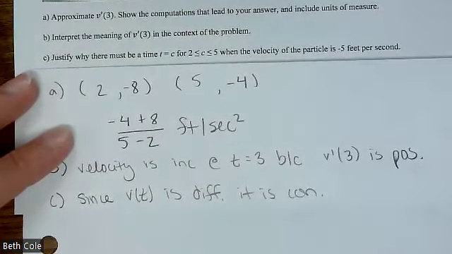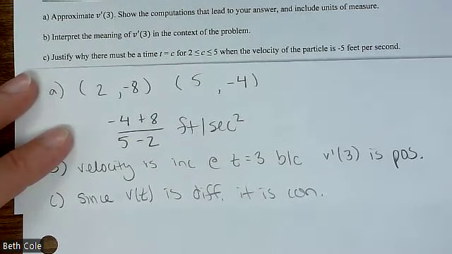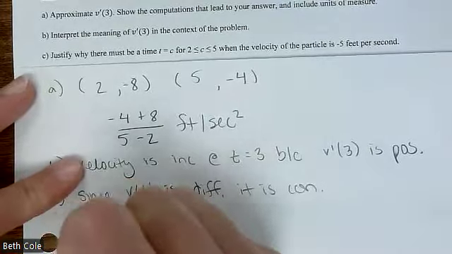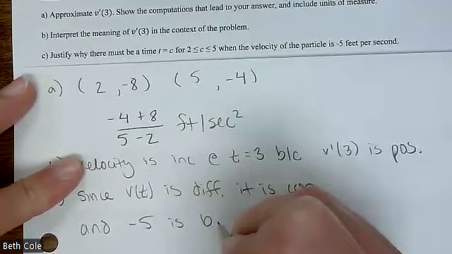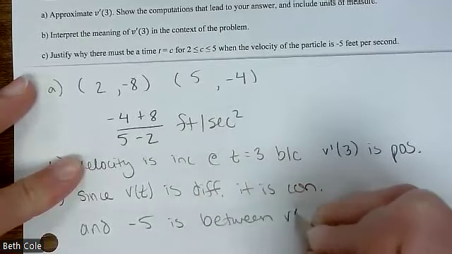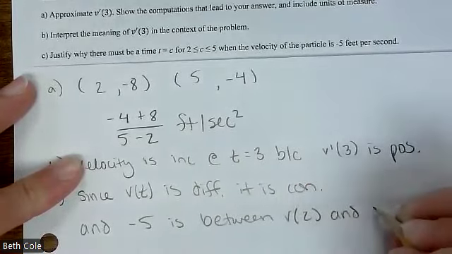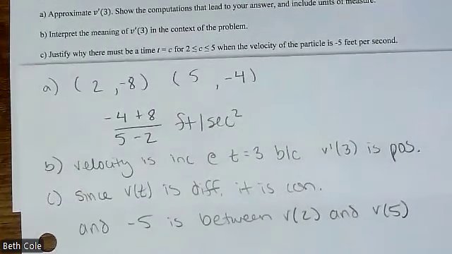Just get that out of the way. If you don't say that, they won't give it to you. And what was it? Negative 5 is between v of 2 and v of 5. Those are the things you mention: continuity, because differentiable, continuous, and in between.